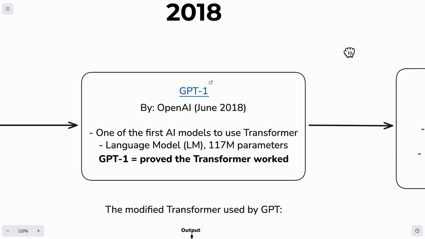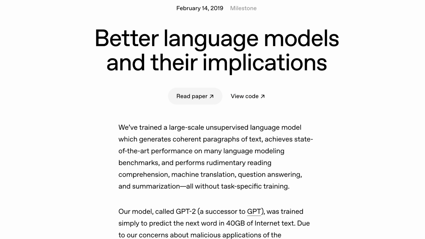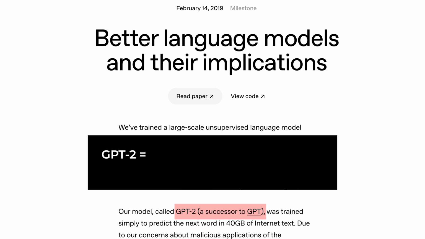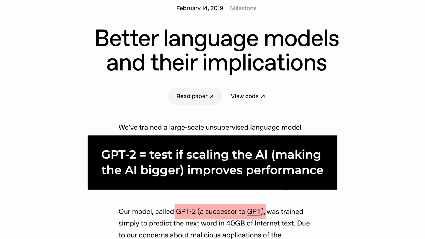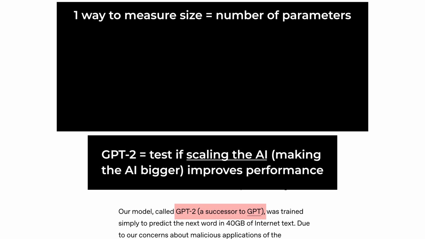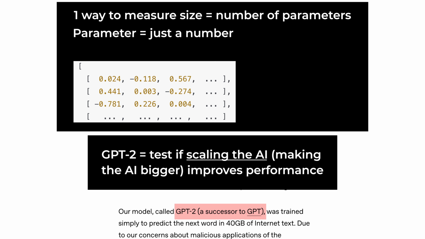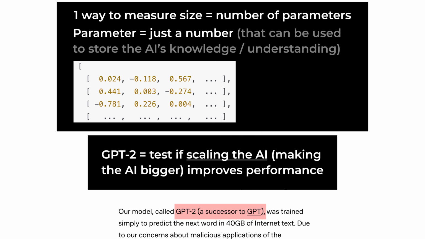Following GPT-1, in 2019, OpenAI created GPT-2. The purpose of GPT-2 was to take GPT-1 and test if scaling the AI, or making the AI bigger, improves performance. Now, one way we measure the size of an AI model is using the number of parameters the AI model has. A parameter is basically just a number that can be used to store the AI's knowledge or understanding of language.